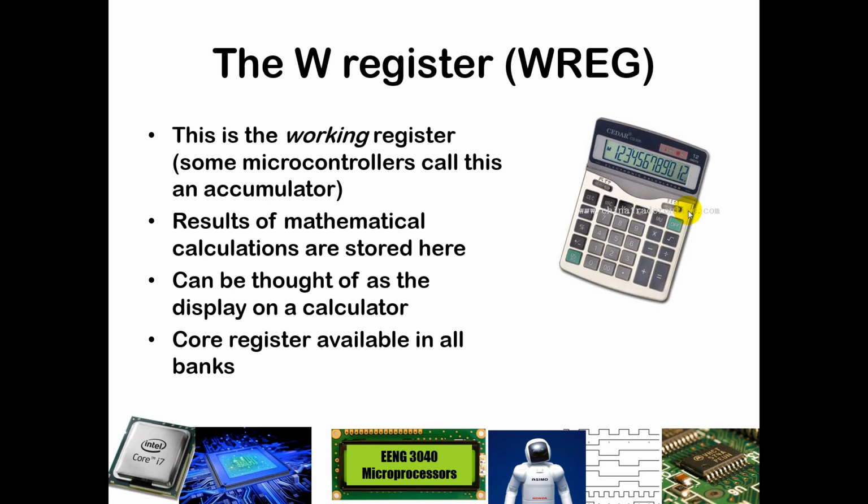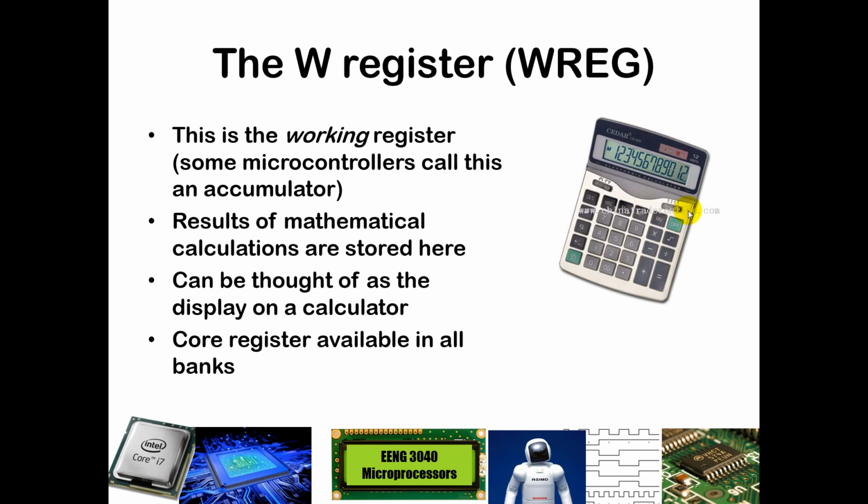Ultimately, at the end, you only care about the final total, but at every iteration through, adding the next number, the next number, the next number, the display has been updated with the current working total. And so that's how I like to think about the working register, the W register, as basically the display on a calculator that can keep track of mathematical operations.